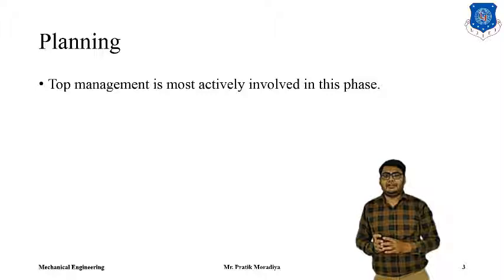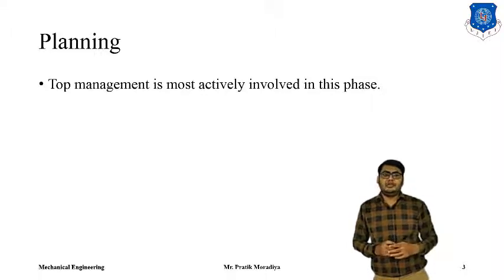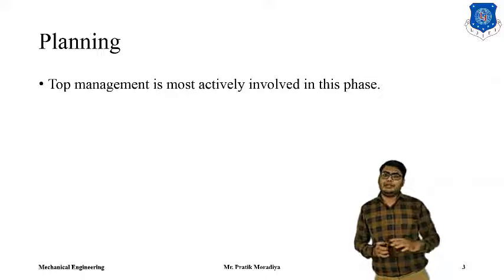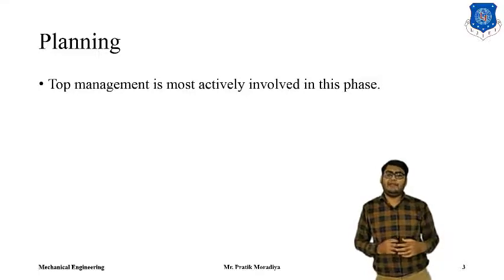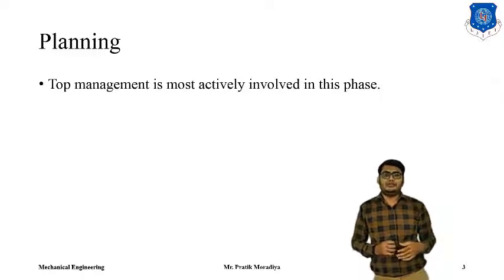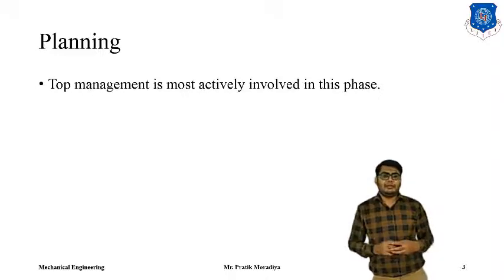After planning, they will tell their engineers, okay, now we have given you the plan, you can execute it. So higher management or higher authorities will be involved in the planning of new products, which products should be manufactured, how the product should look like. All these activities will be in this planning.